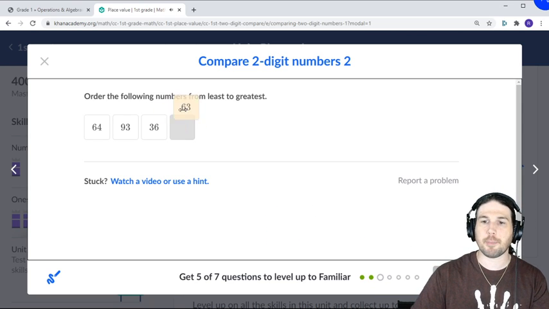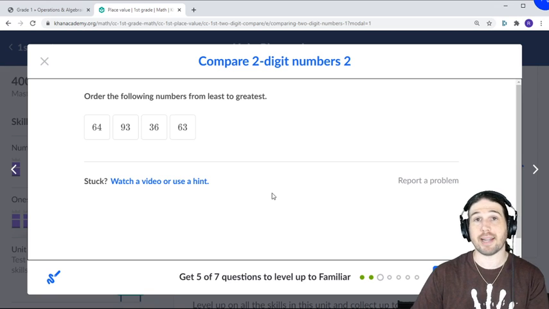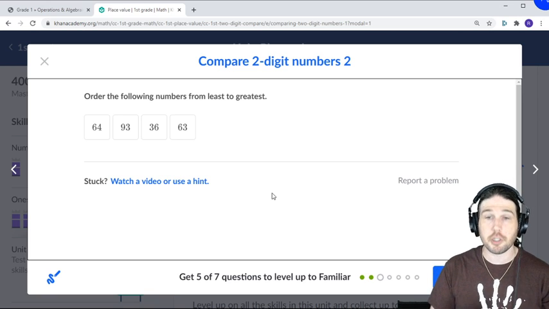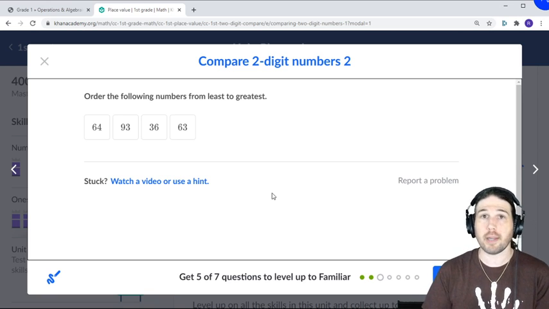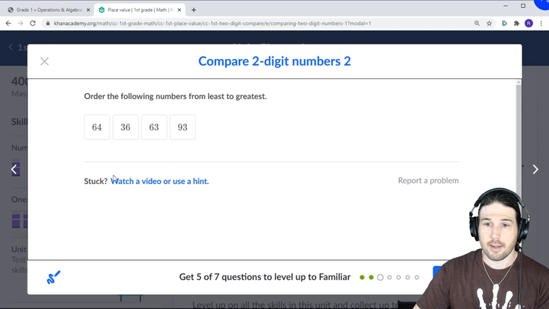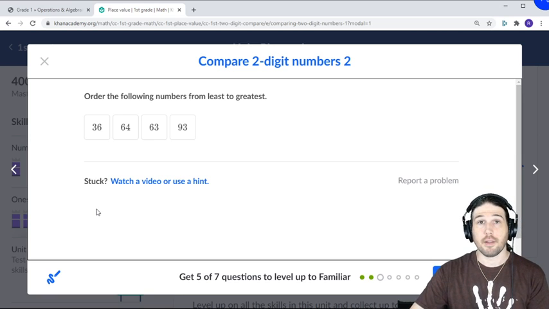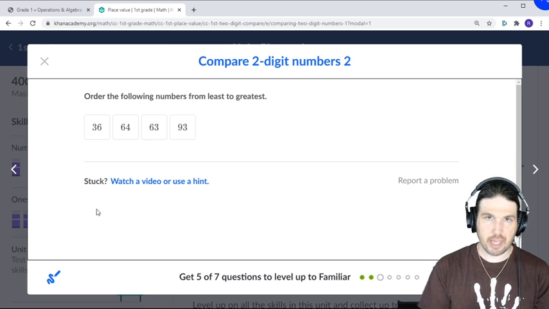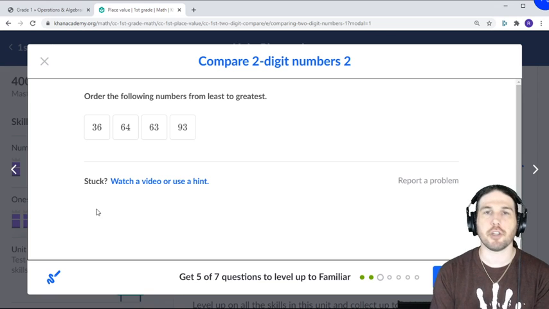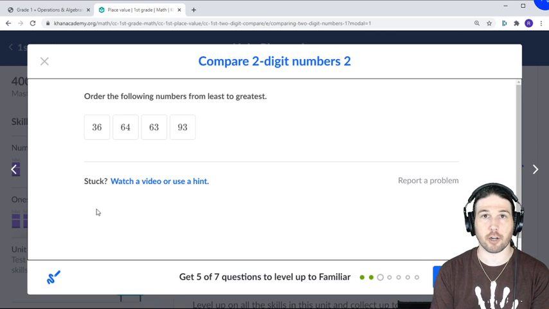Oh, now we actually get to pick up the numbers and order them from least to greatest. And this requires students to know that when you are ordering numbers, first off, the tens digit is imperative. The tens digit is what really determines whether it's bigger or smaller.